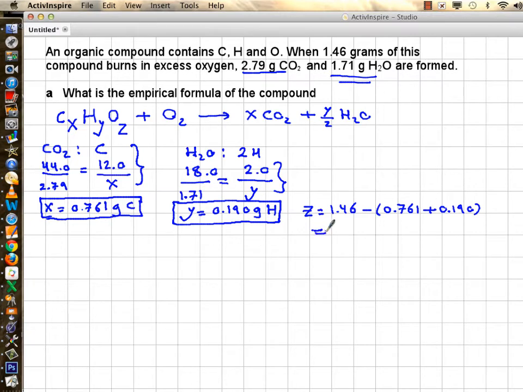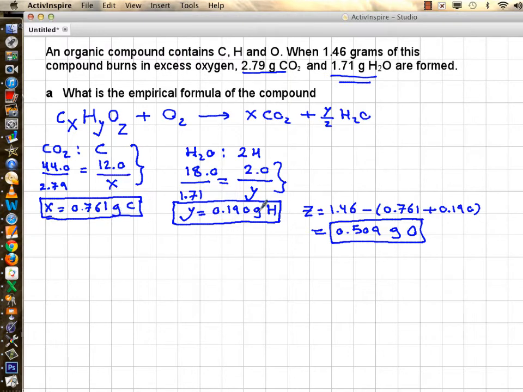So Z happens to be 0.509 grams of oxygen. I know many of you don't like to write the units. Please do so you don't make mistakes. But 75% of us at this stage divide by decimals, and we are happy, we get numbers, and we are under the impression we solved it properly.